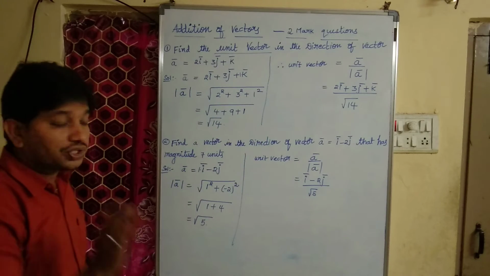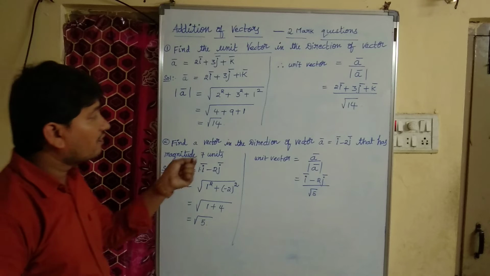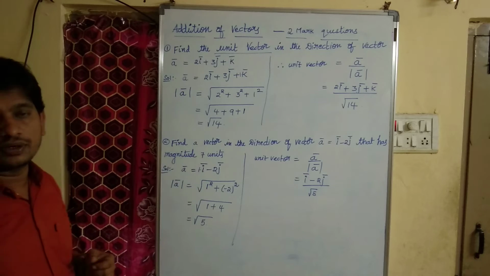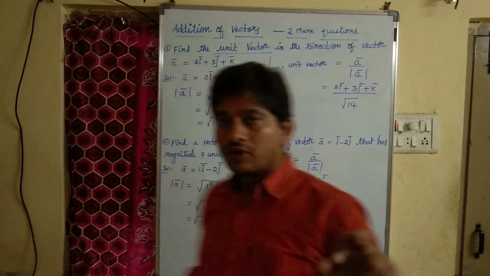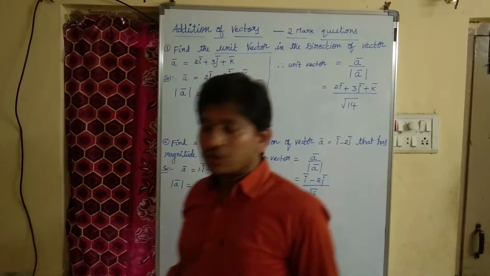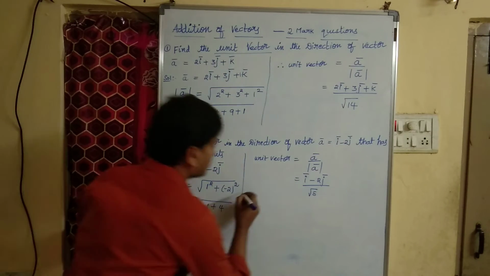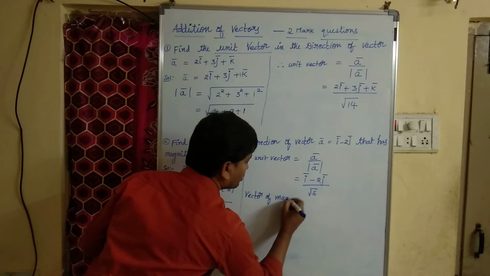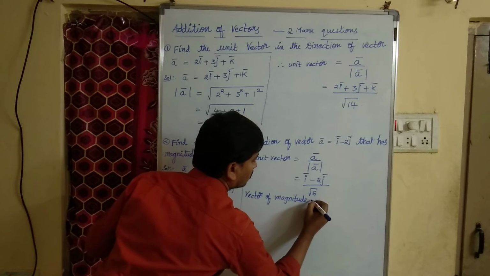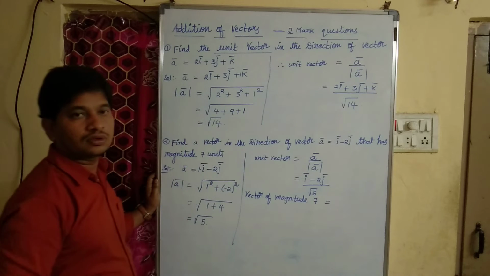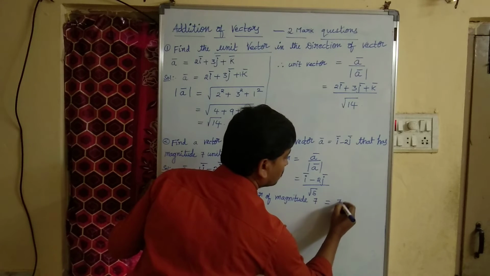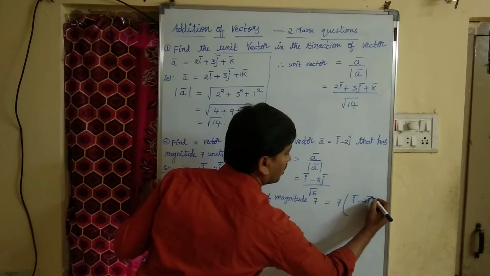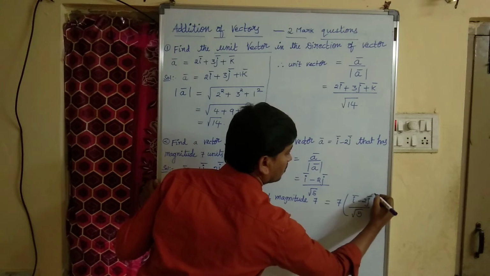But if you observe the question carefully, they are asking to find out the vector in the direction of vector a bar that has magnitude 7 units. So vector of magnitude 7 is equal to 7 into i bar minus 2j bar by root over 5.